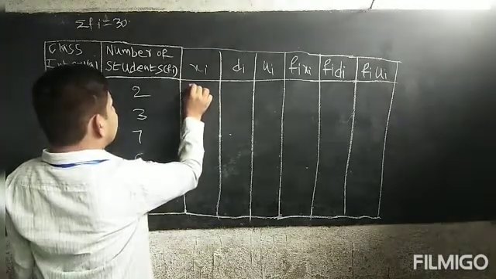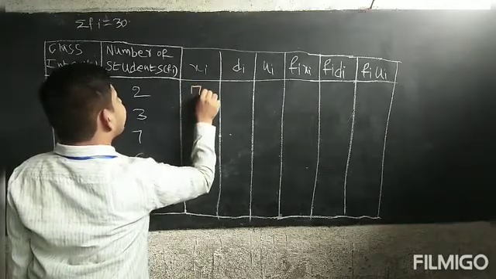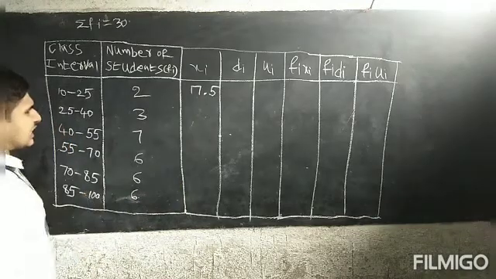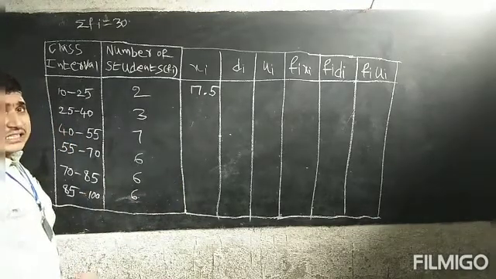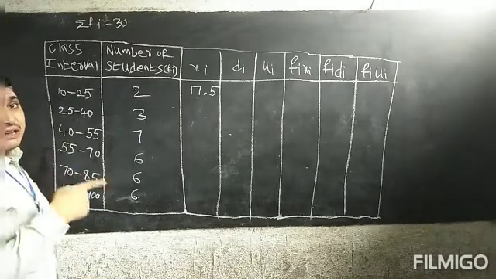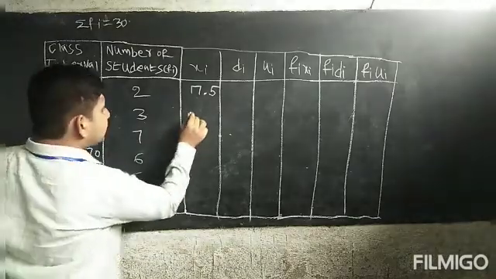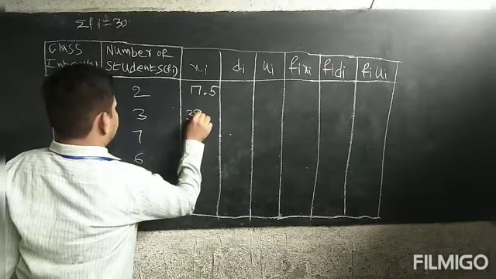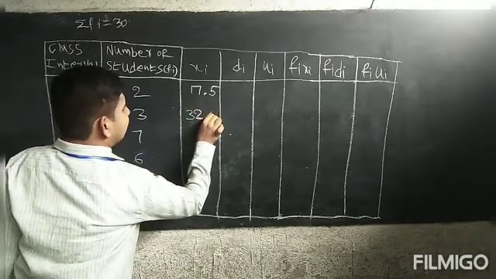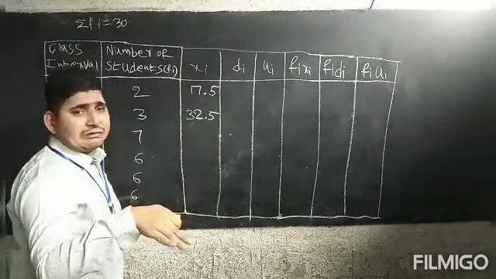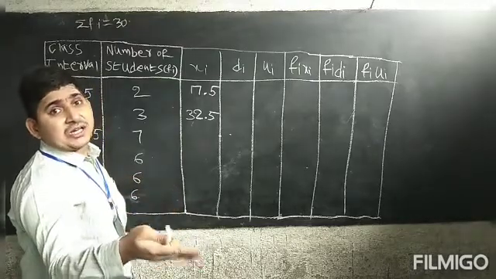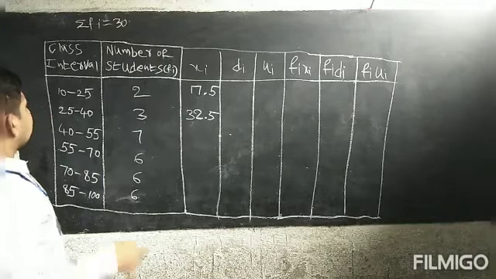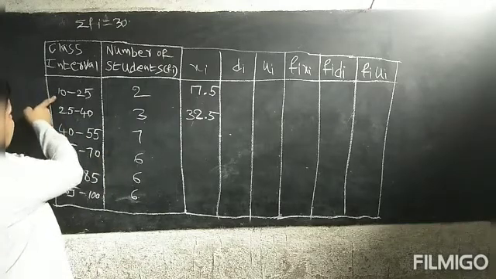Next, 25 plus 40, 65. 65 by 2 is 32.5. So the class mark is 32.5.